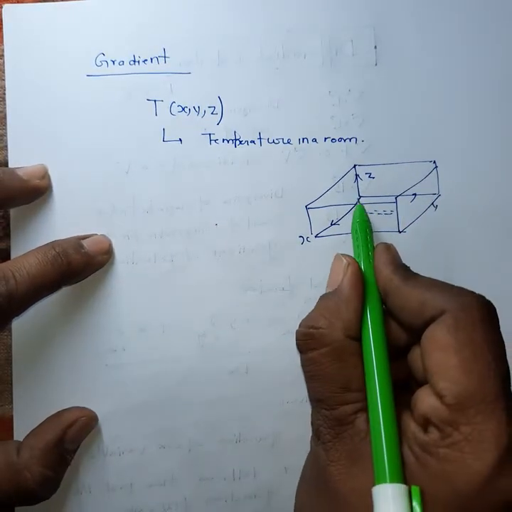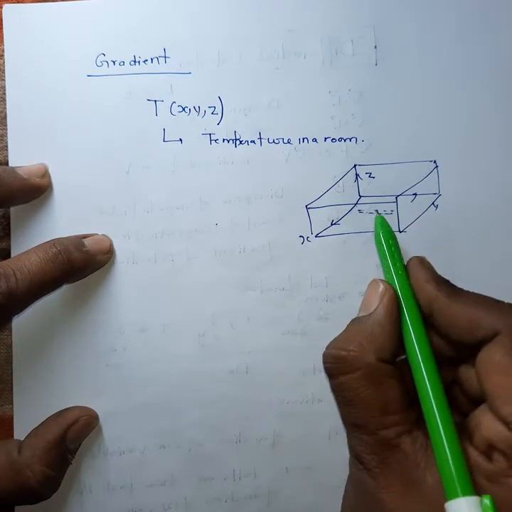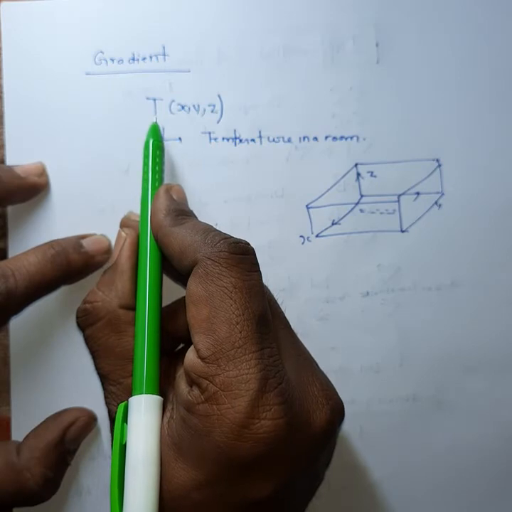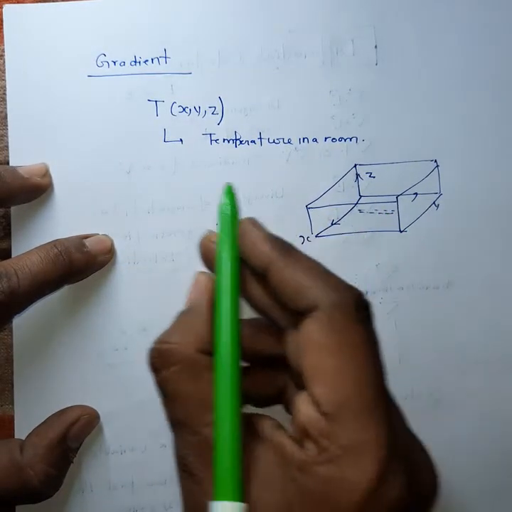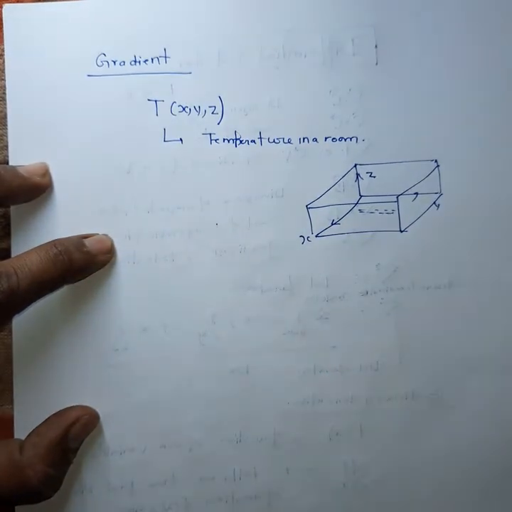But as you move vertically, you will see the temperature difference. So in the x and y directions, T changes very slowly as you move, but T will change very fast when you move in the vertical direction.